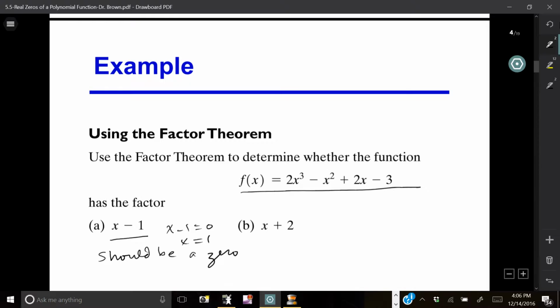So let's check it out. f of 1 equals 2 times 1 cubed minus 1 squared plus 2 times 1 minus 3, and this equals 2 minus 1 plus 2 minus 3 equals 0. So it checks. It is a factor.